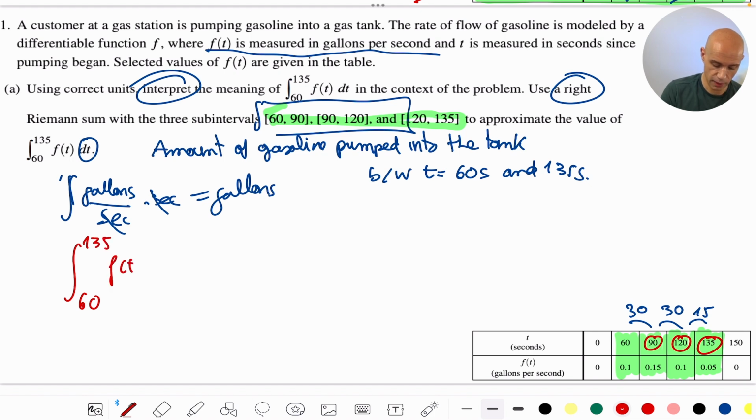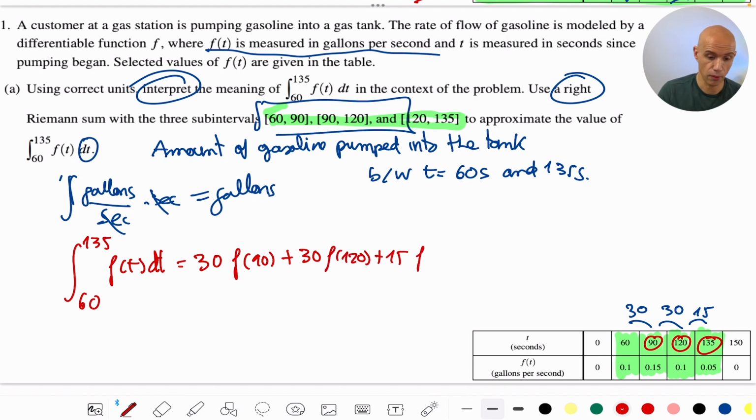So what we have is the difference of 30 multiplied by this function, f. However they like to call it, I'm happy with it. f of 90, and then 30 times f of 120, and finally 15, remember that the difference is 15 only, times f of 135.